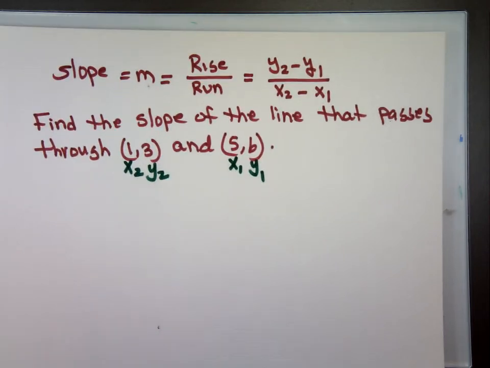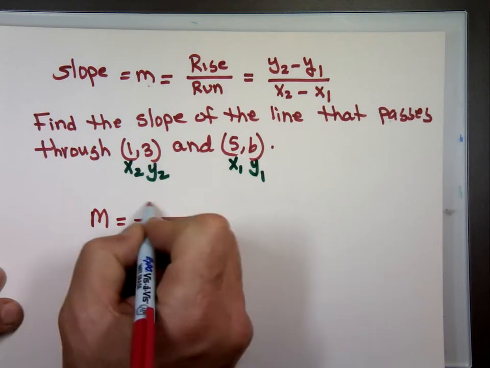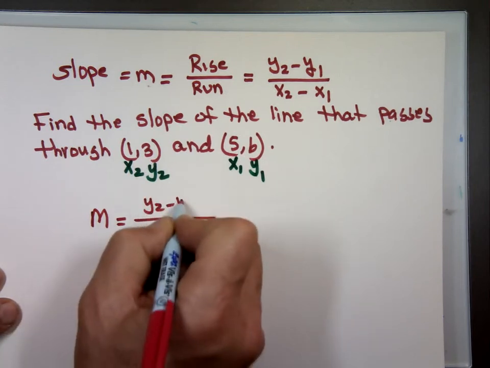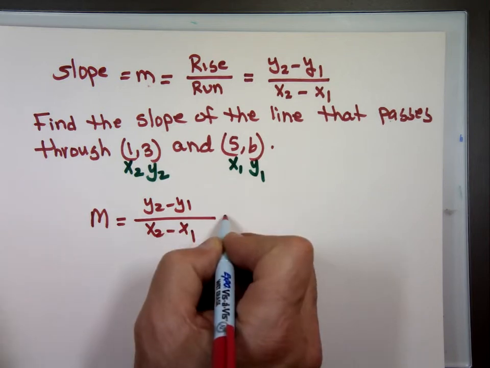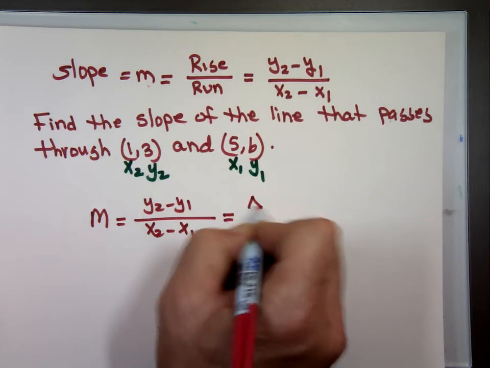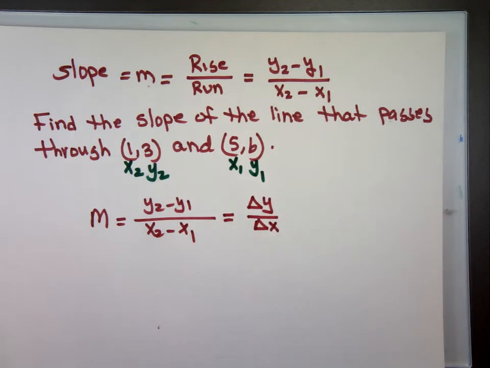So what is the slope? y2 minus y1 over x2 minus x1 is the rise over the run, the change in y over change in x. That's what delta means in math. When you see that little triangle in math, it means delta, change. The change in y over the change in x.